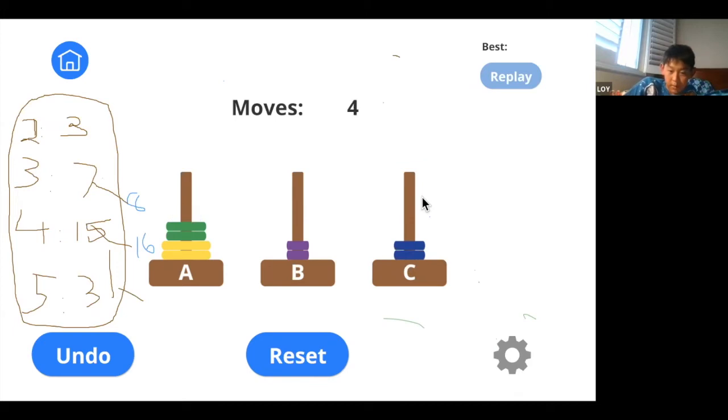The purple rings to the C ring. The green to the B. The other green to the B. The purple one to the A. The other purple one to the A.